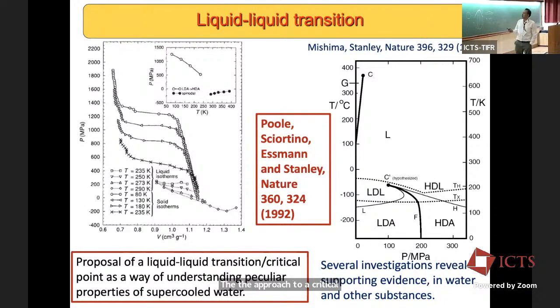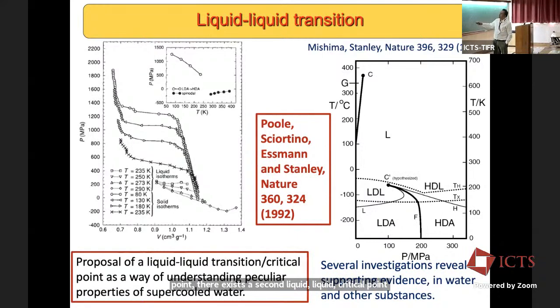Okay, and based on such simulation results, there was a proposal in the case of water. For some reason, the temperature is put on the y-axis in these phase diagrams, which is a bit confusing, and pressure is on the x-axis. So there was a proposal that in addition to the familiar liquid-gas critical point, there exists a second liquid-liquid critical point.